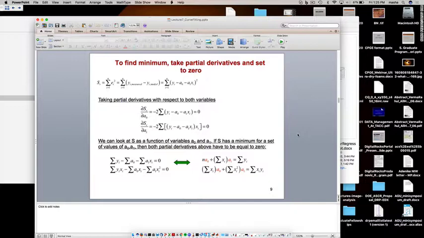Therefore, this is 2a0 plus x1 plus x2 times a1 is equal to y1 plus y2 when I multiply by -1. And that's my first equation right there.